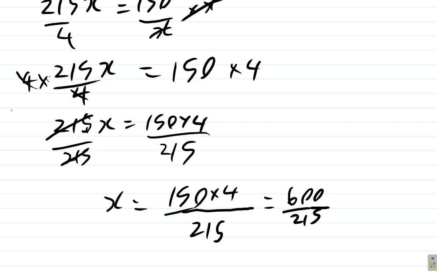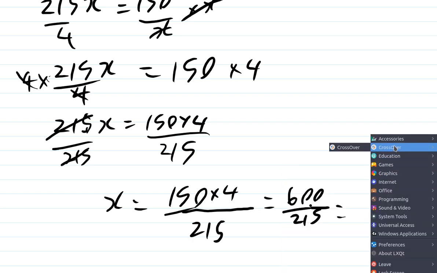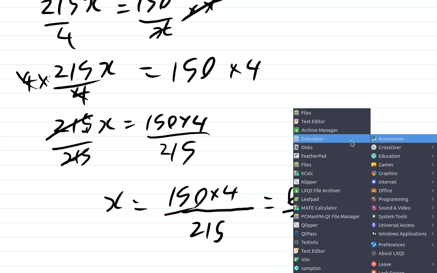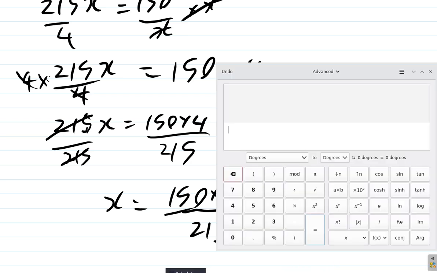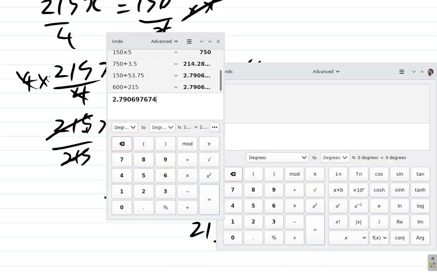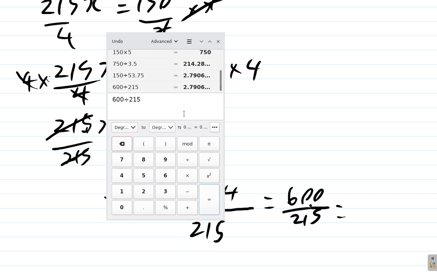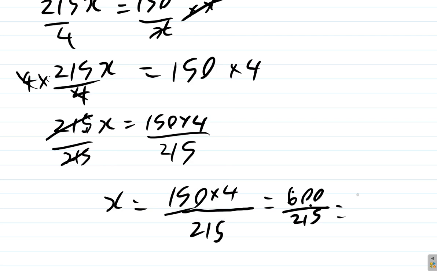So 600 over 215 again. And we look back at our calculator and see that 600 over 215 equals 2.79. 2.79. And you know that it will be in milliliters. All right, so I'll see you in the next video.